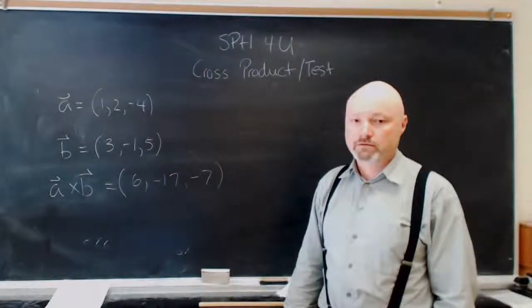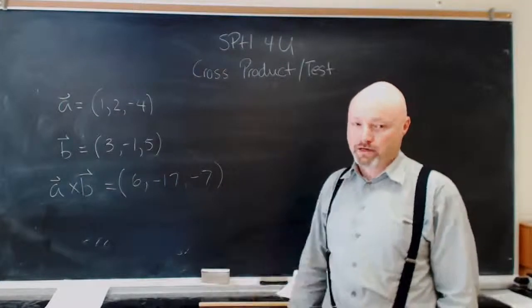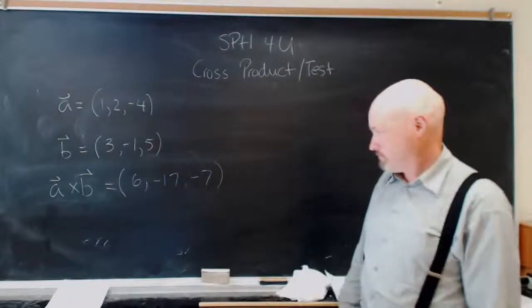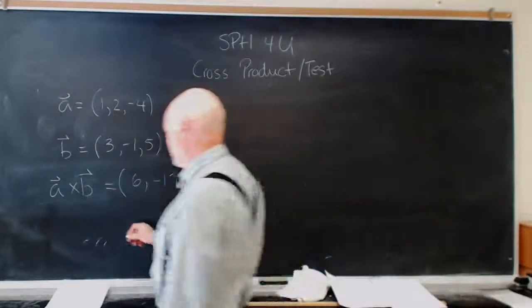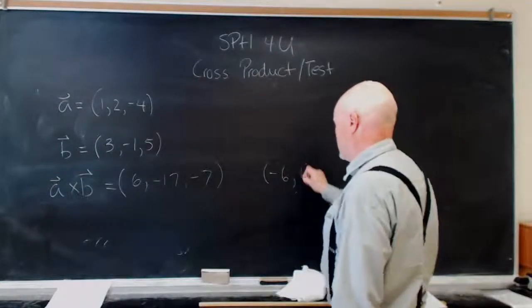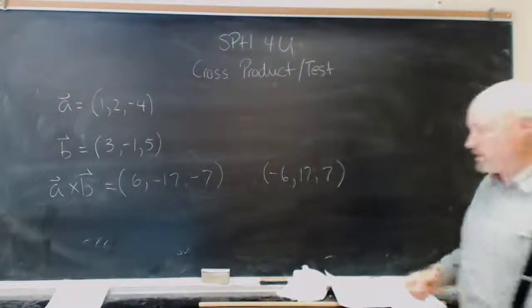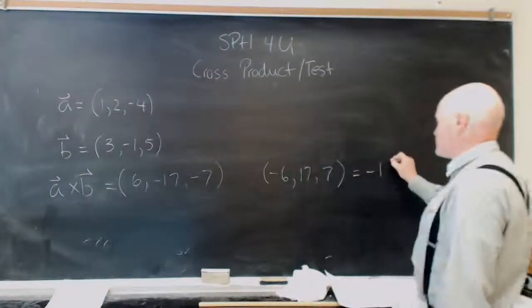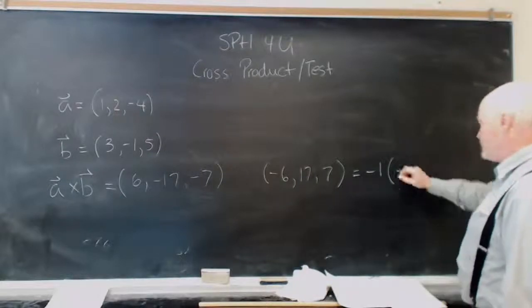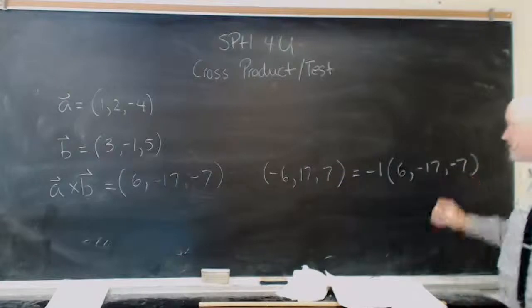Tell me this. Can you give me a second vector that's also perpendicular? Negative 6, 17, and 7. Yeah, okay. Negative 6, 17, and 7. It's also perpendicular. So all that RJ did there was a scalar multiplication, that's right.